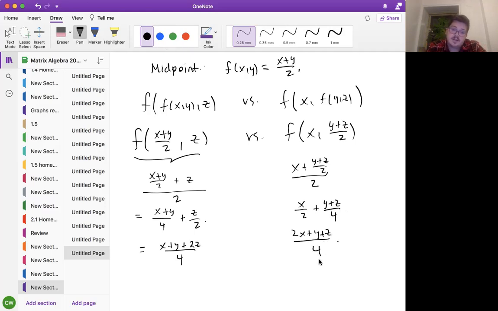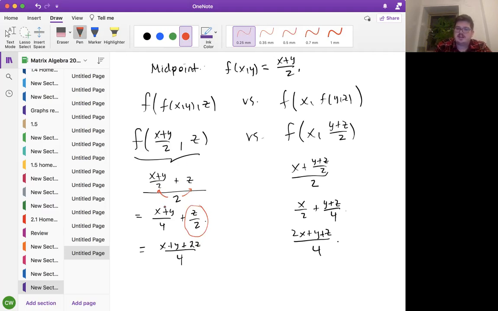Is the left part correct? I think so. Where do you think it's not correct? This thing here? Yeah, so if I'm dividing the whole thing by 2, I can split it up into dividing this by 2 and dividing this by 2.